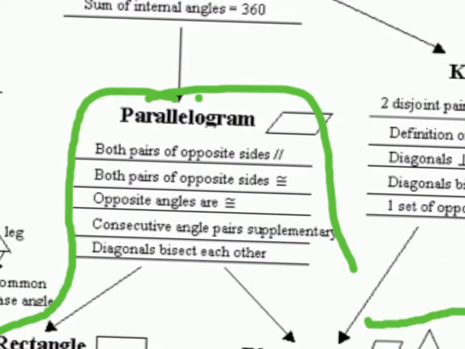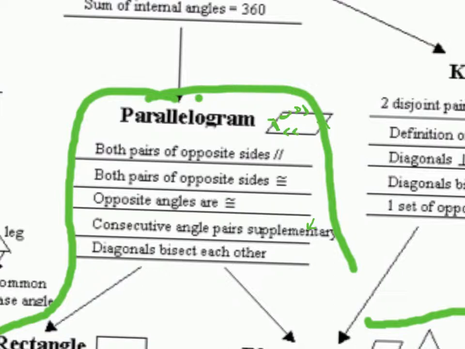It says both pairs of opposite sides are parallel. So that just means that they're going to go in the same direction. So keep in mind when we have opposite sides parallel, we've got a bunch of different properties of parallel lines that will still apply. Like the consecutive interior angles are supplementary, because this angle right in there and the one right next to it are going to be supplementary.